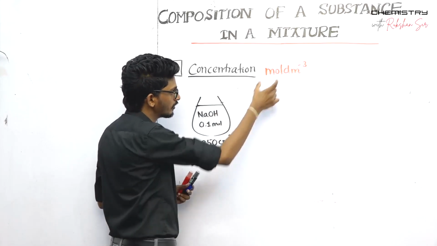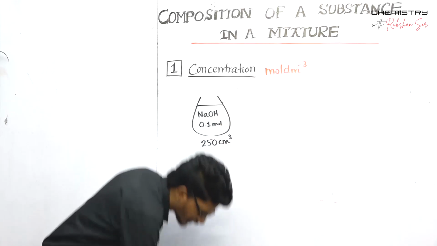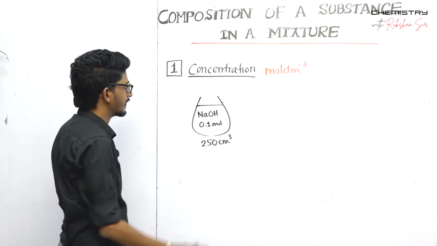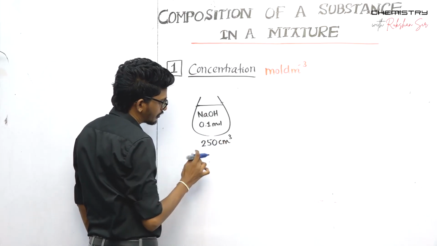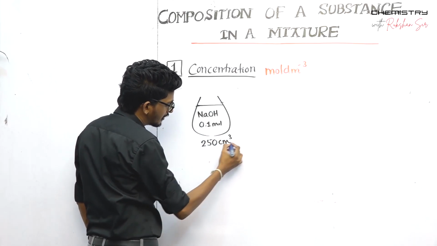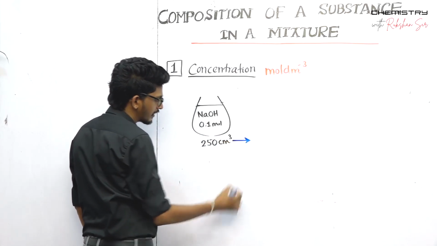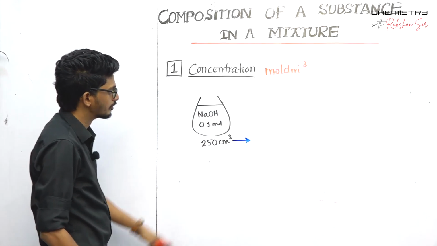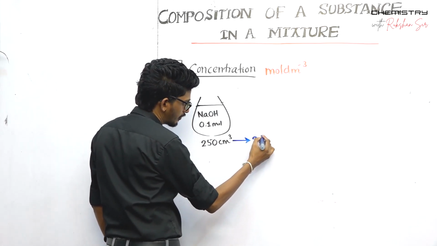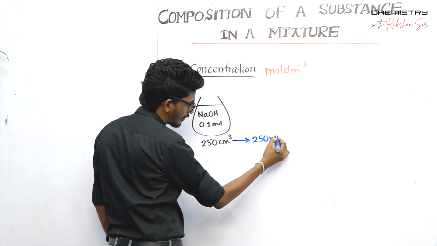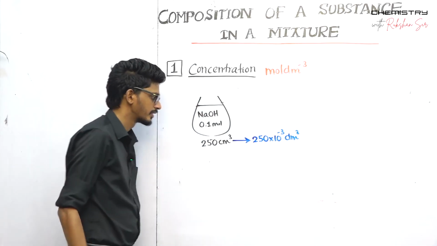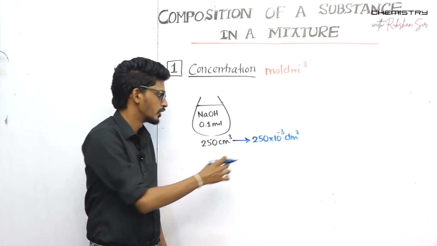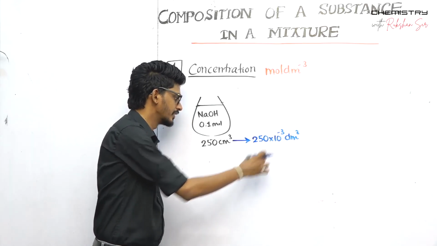For that, first of all, we need to convert this centimeter cubes value to the decimeter cubes value. So 250 centimeter cubes means 250 into 10 to the power minus 3 decimeter cubes.